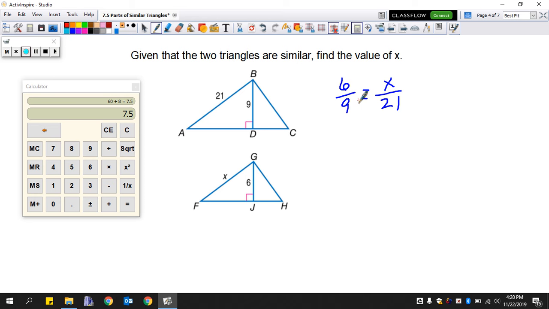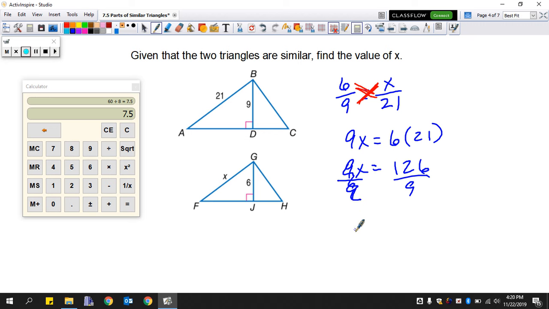So we're going to go 9 times x, and we're going to go 6 times 21. So 9x is equal to 126. Divided by 9, x is equal to 126 divided by 9, which is 14. Okay?